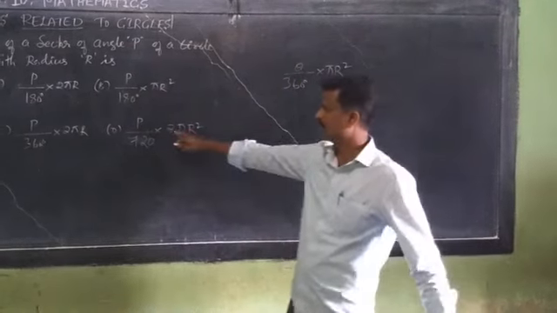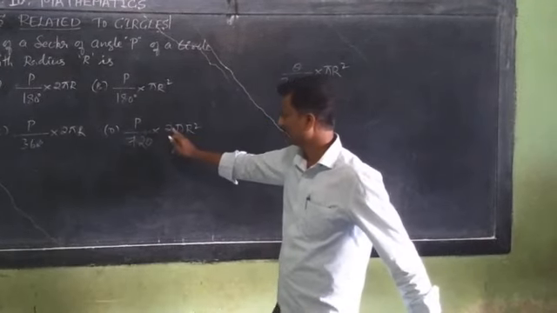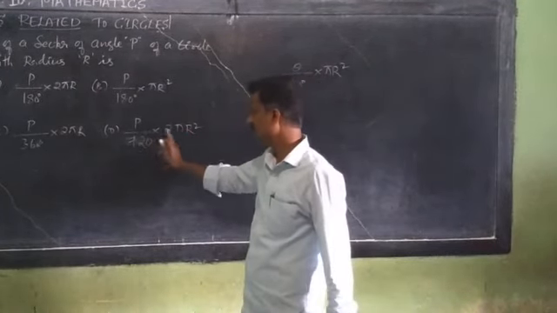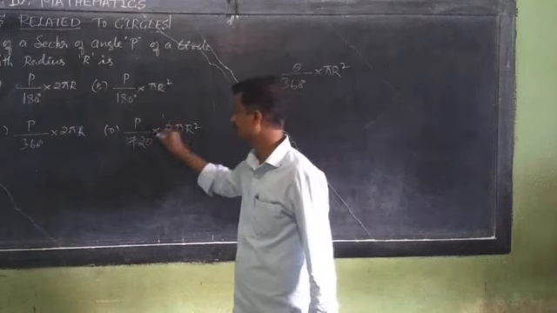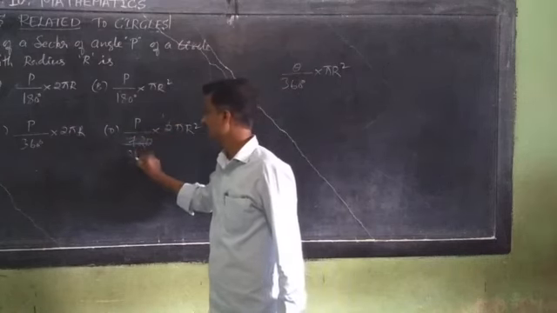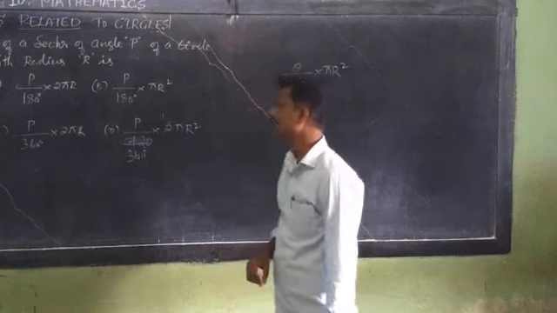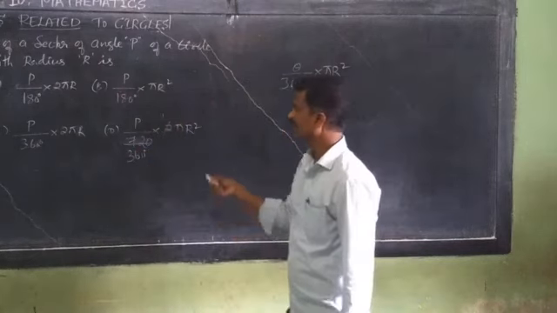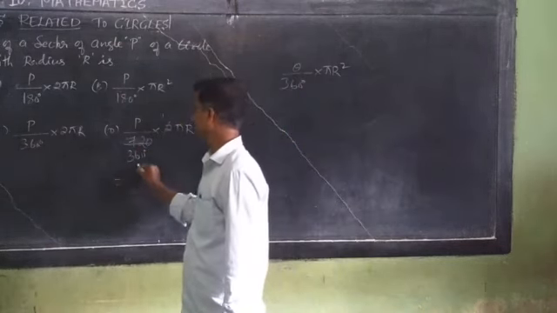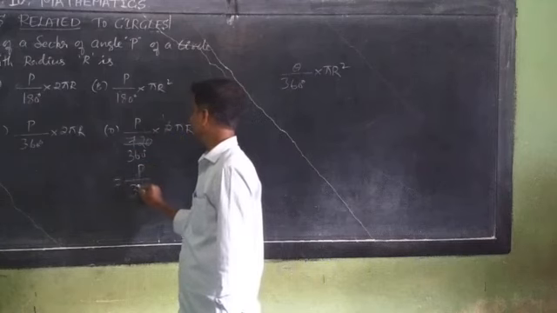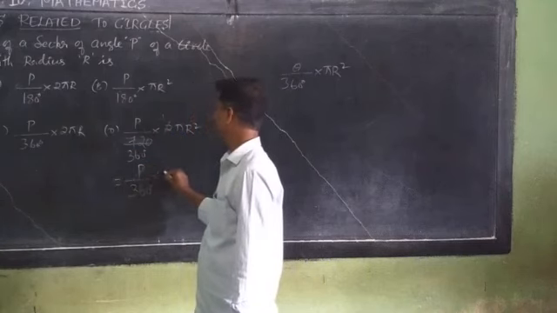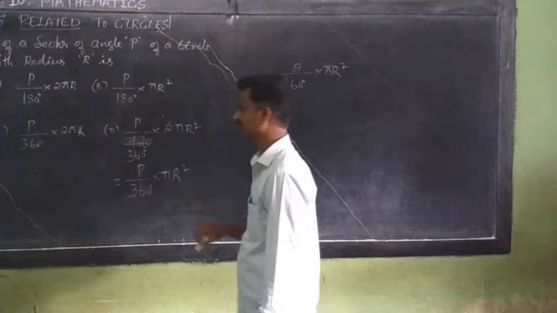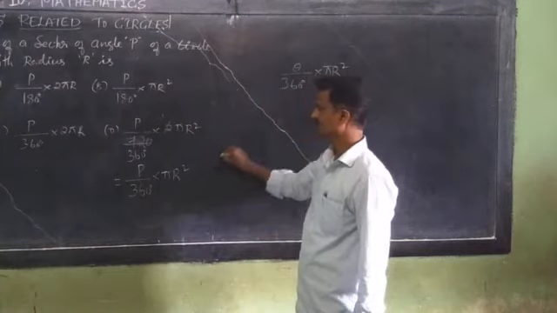Here 2 is given. You can divide 720 by 2, because 720 is twice of 360. Therefore, after simplifying this becomes P by 360 into pi r square. Therefore, this is the answer.